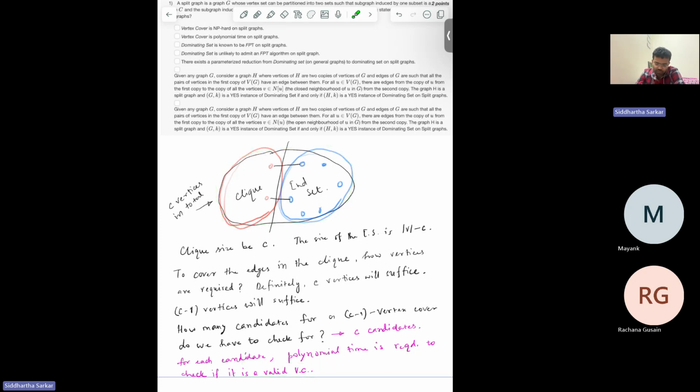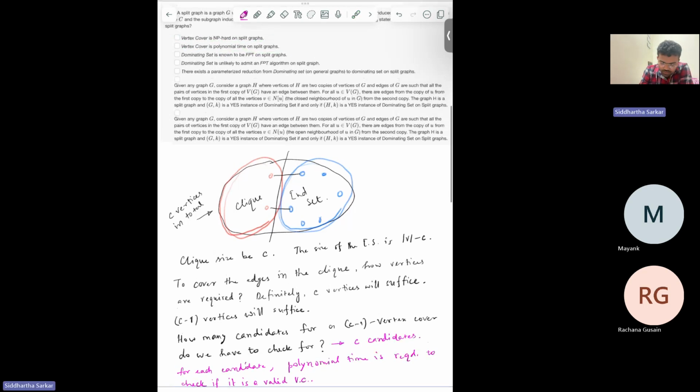So this entire scheme together is a polynomial time algorithm to find the minimum vertex cover on split graphs. Since we have shown the existence of an algorithm, the statement that vertex cover is polynomial time on split graphs is true, whereas vertex cover is NP-hard on split graphs is false.